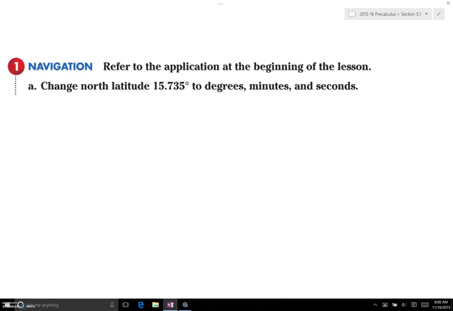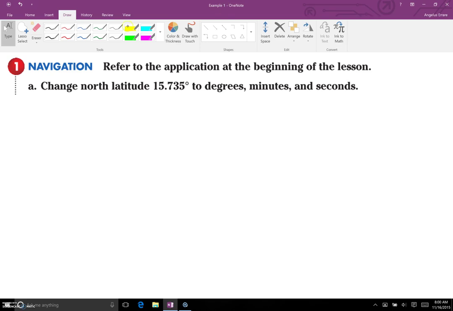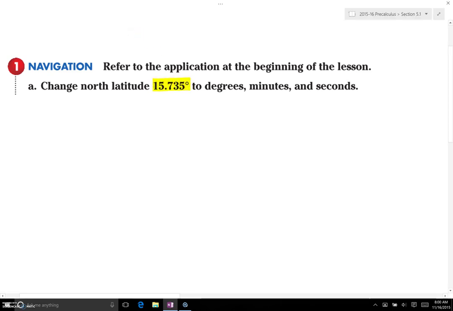So here we can see we have a decimal. It's in degrees, but it's expressed in decimal form, and we want to convert to degrees, minutes, and seconds. So what we're going to do is we're going to take that decimal portion out. So we're going to have 15 degrees, and then we need to figure out the minutes and seconds. Inside this decimal portion here is the minutes and the seconds added together, and we know that the minutes are 1/60th of a degree.